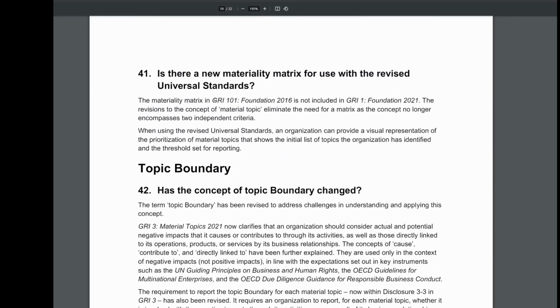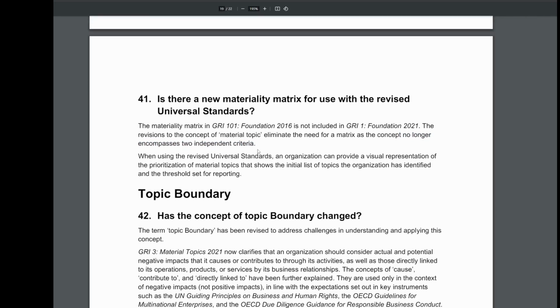Let's go to that. And here's the answer to this question. The materiality matrix from GRI 101 Foundation is not included in GRI 2021 Foundation. The revision to the concept of a material topic eliminates the need for a matrix as the concept no longer encompasses two independent criteria. So, what have we learned from this?